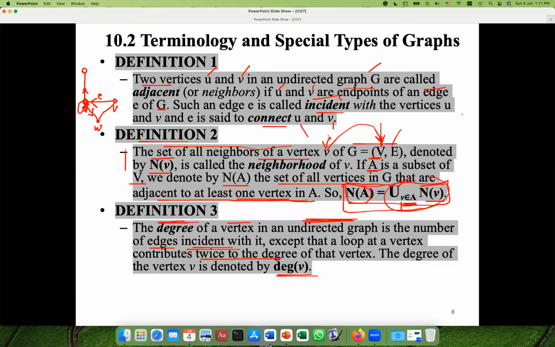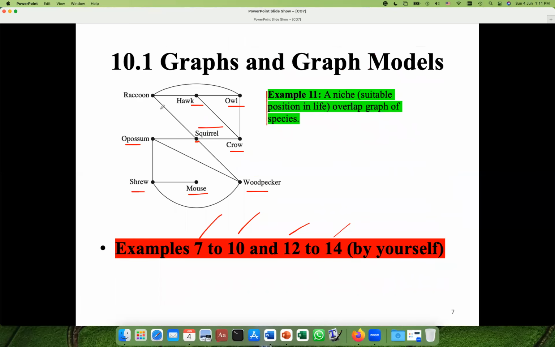So if you go there, here we have degree 3, 3, 3, 3. You just have to look over. This squirrel has degree 4. Mouse is pendant. You have to identify the relationship.